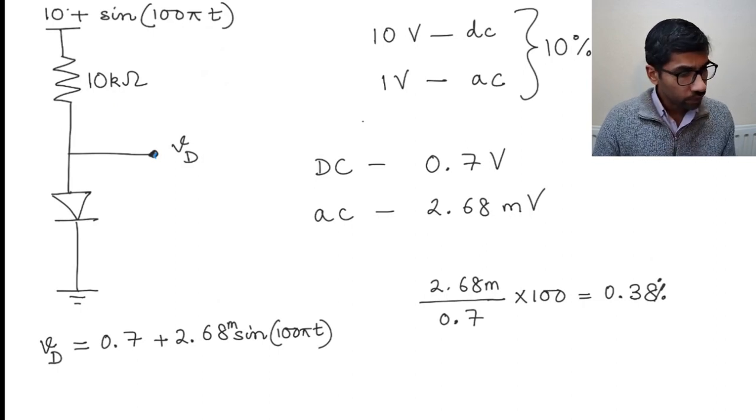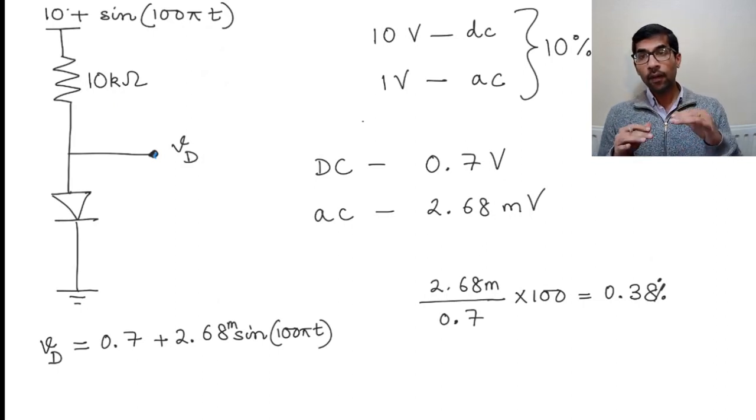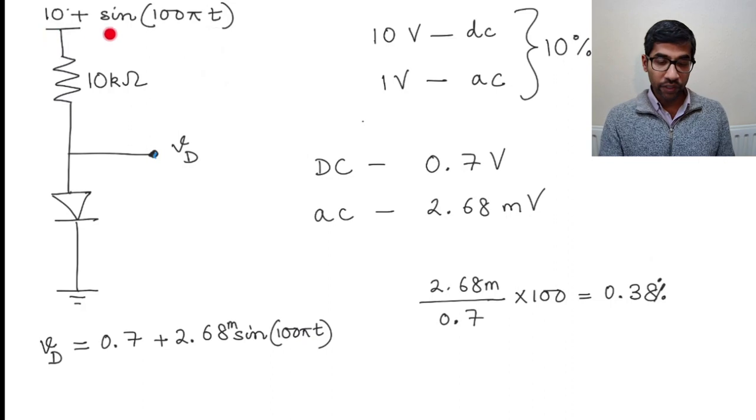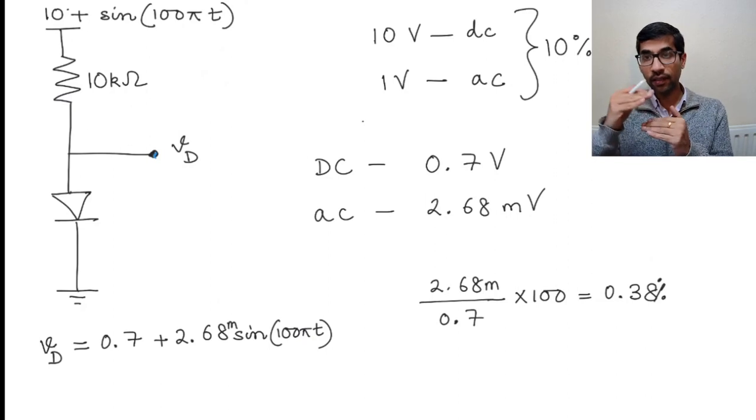So there was a 10% deviation in the voltage at the input, and that deviation has been changed to a 0.38% change. So the voltage now is changing much less.